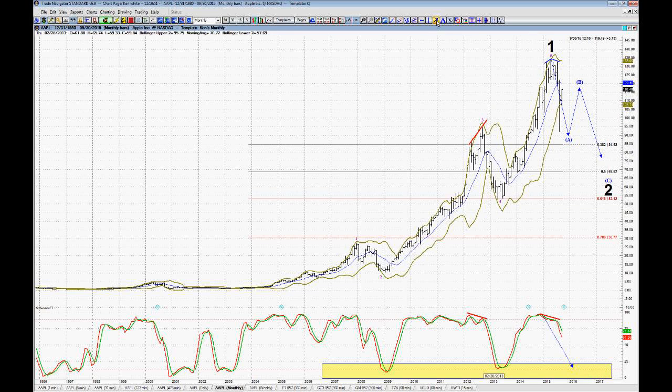But C will equal 1.62 times A, around 53. And that just gets us back. What happened to my yellow box up there? Didn't I have a yellow box there? Huh. I thought I did. Let's put it back.